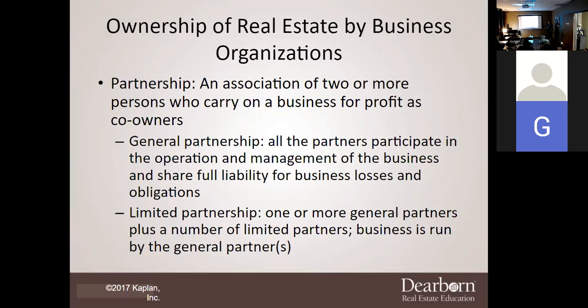If they are limited partners, say Mr. Eugene and Miss Linda say, you know what, I just want to put my name on the business, funnel some money into it, make a little cash on the side, then they would be limited partners. There always has to be one general partner, because somebody has to actually be doing the business. A partnership is one or more general partners plus a number of limited partners, and the business is run by the general partner.